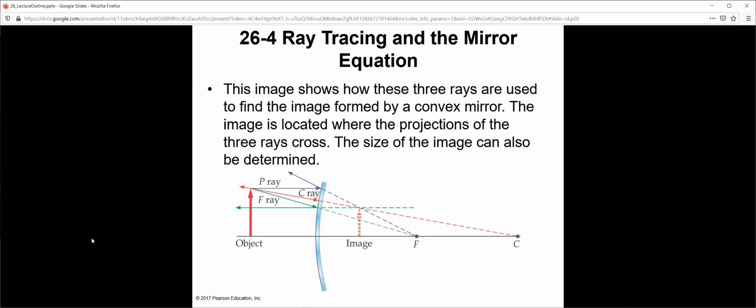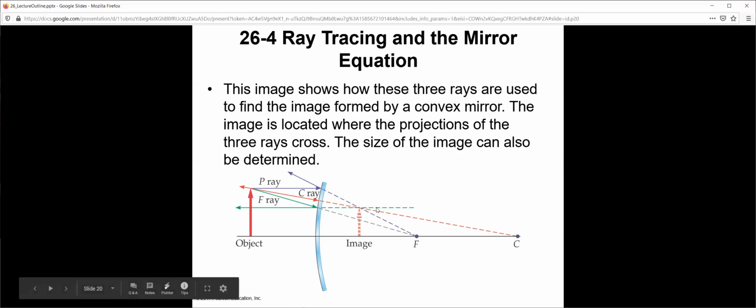You have the C ray, which points towards the center part, right? That goes straight through with this particular section. And then you have the F ray, looking at the focal point. The way that bounces, again, according to the angle of incidence and angle of reflection, these three rays come together at the head of this dashed arrow here, creating an image that you can calculate its height and its distance from the mirror.